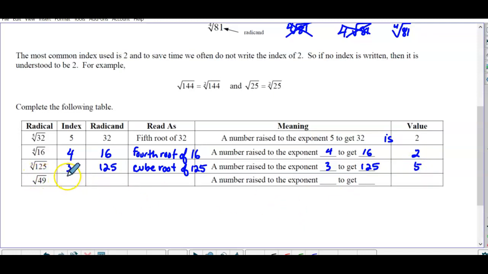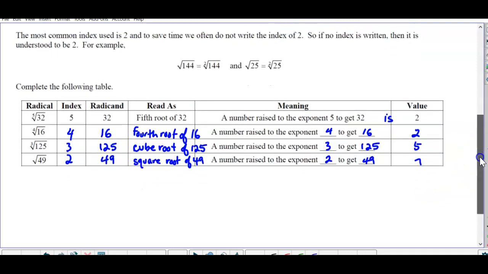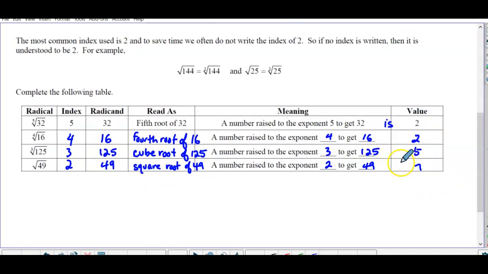Here, no index, which means it's 2. Radicand is 49. So here we use that special word, square root of 49. So a number raised to the exponent 2 to get 49 is 7. 7 is the square root of 49. So these all worked out nicely, okay?